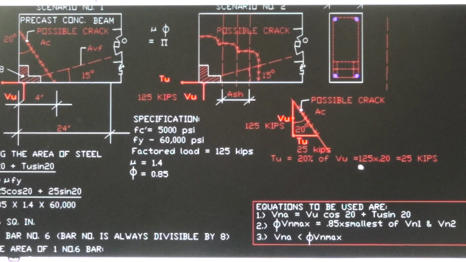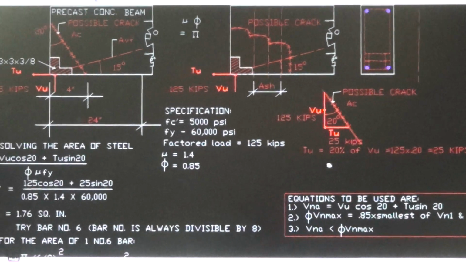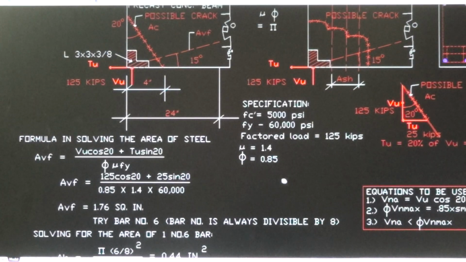So it is 125 times 0.2, and 20% is equal to 25 kips. That's why we have 25 over here. So TU is 25 kips.